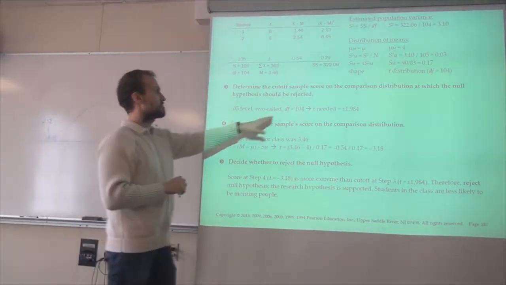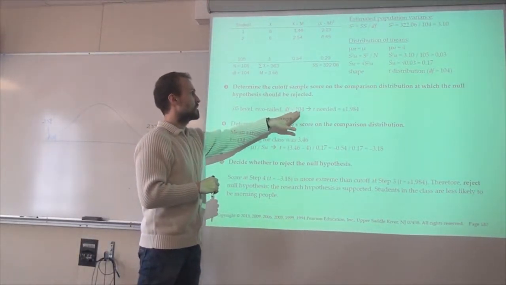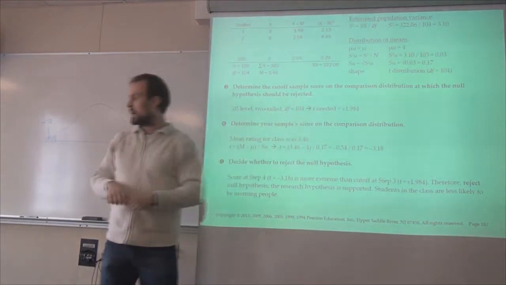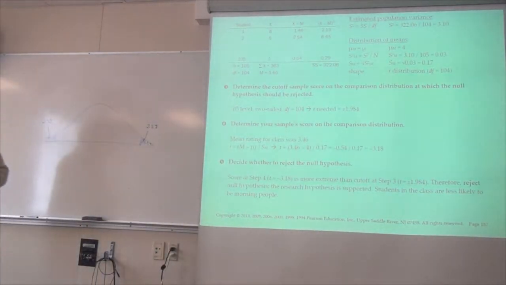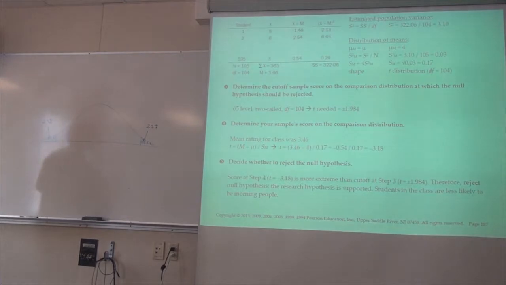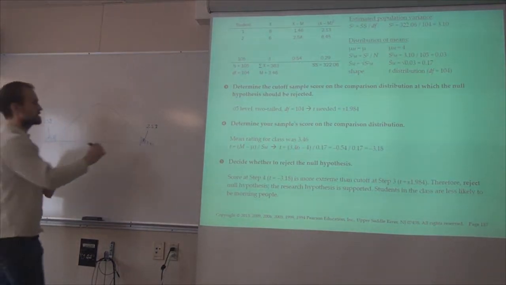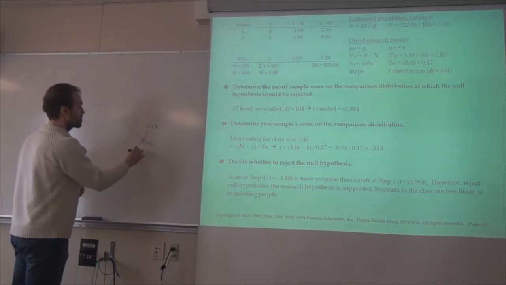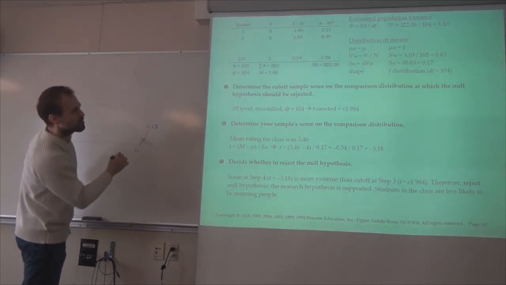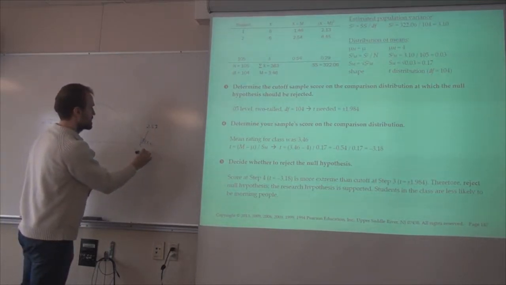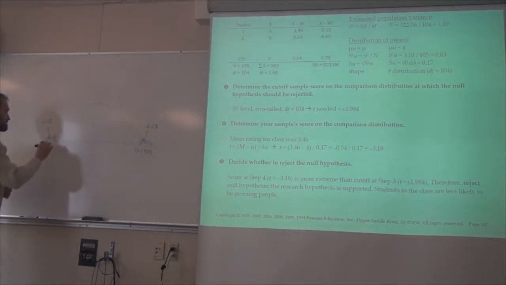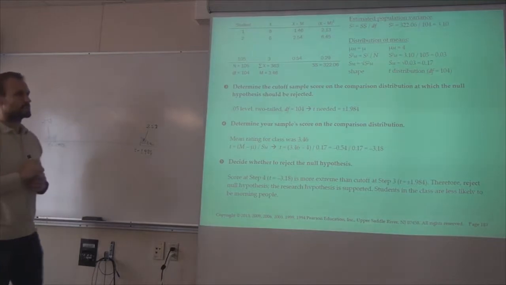So then with degrees of freedom 104, I can look it up in my table, which we'll do in the additional examples and the quizzes, and I'll find that I need a t-score of plus or minus 1.984.